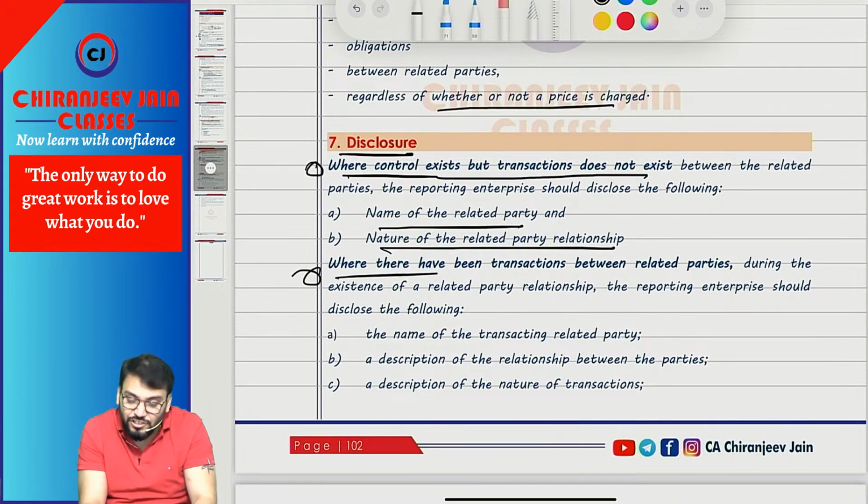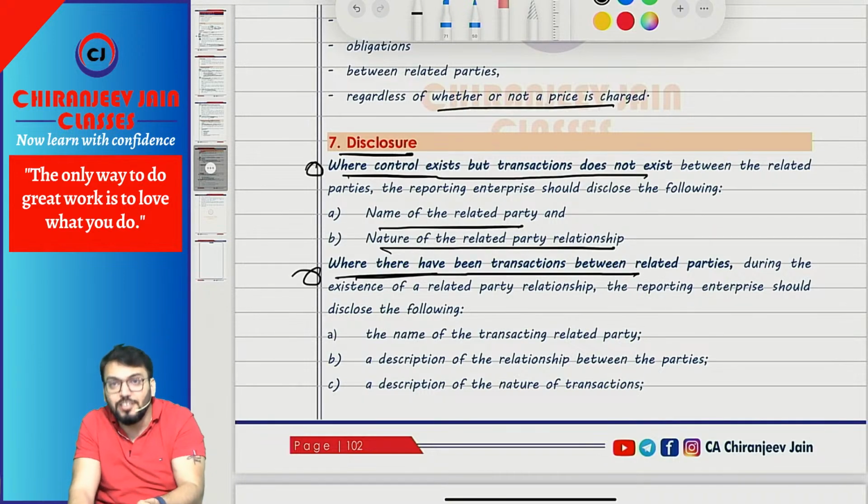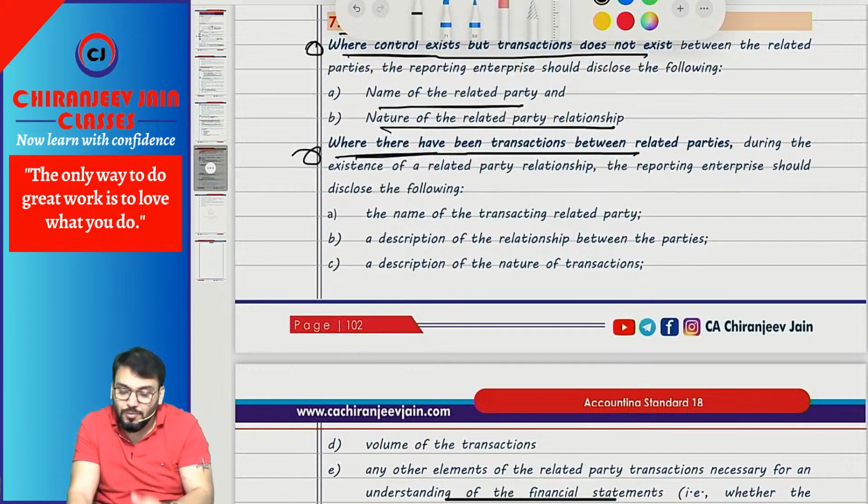But when there are related party transactions, correct? Whenever there are related party transactions, then the following disclosures are required. So what are the disclosures required?